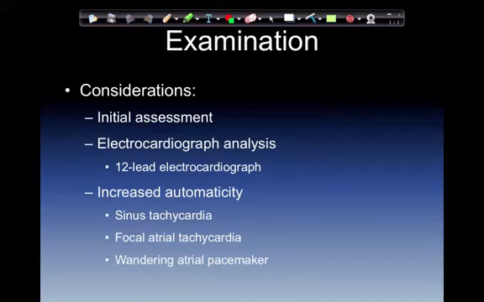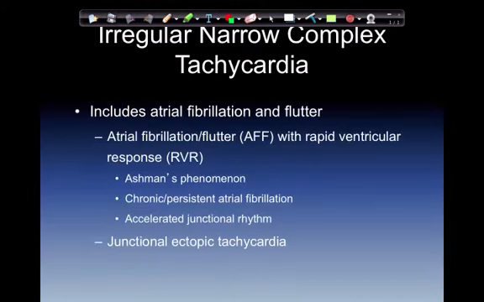Increased automaticity: sinus tachycardia, focal atrial tachycardia, wandering atrial pacemaker. It's a good idea to get a 12 lead on all of these if you think that the person is in some sort of dysrhythmia. Irregular narrow complex tachycardias would be AFib and aflutter. Atrial fibrillation with rapid ventricular response. Ashman's phenomenon is short bursts of abnormally conducted supraventricular impulses.